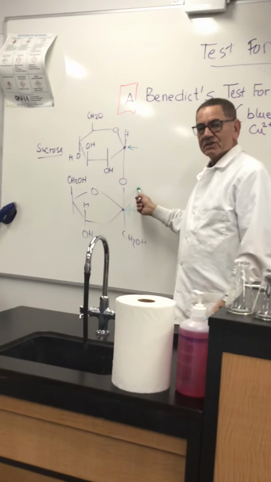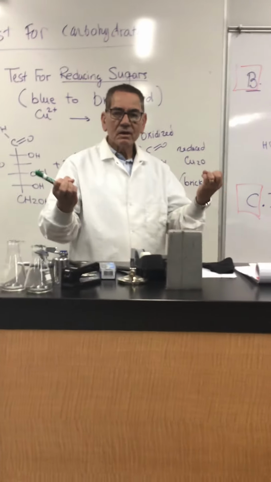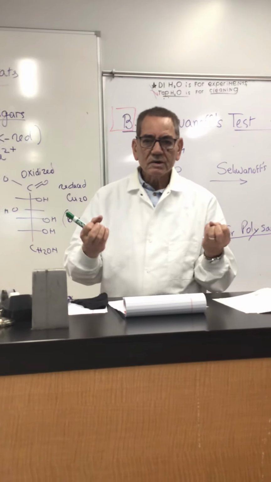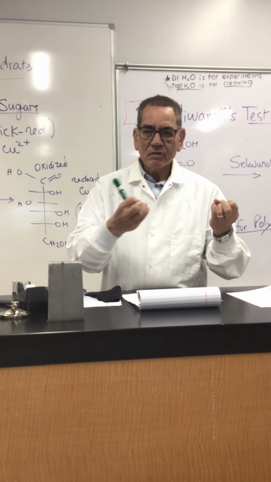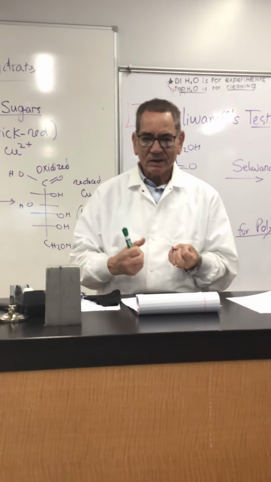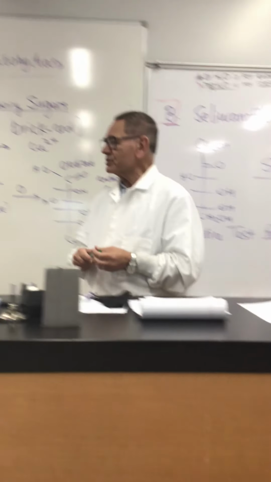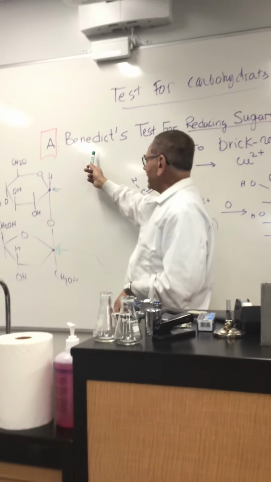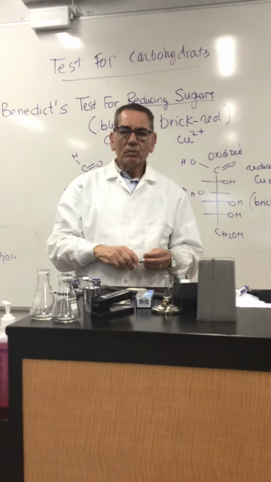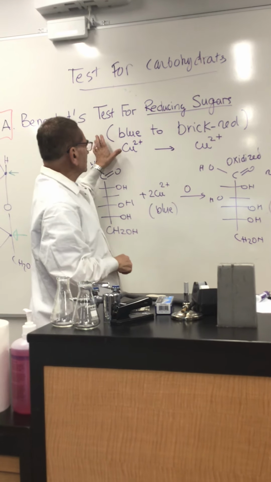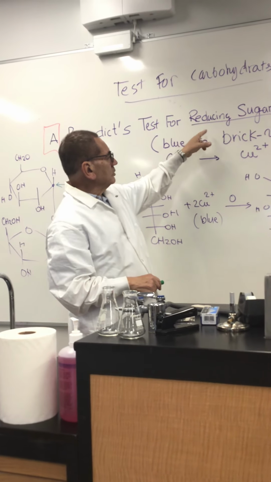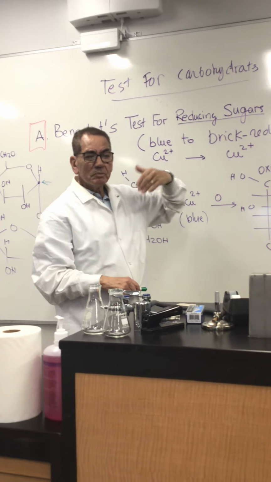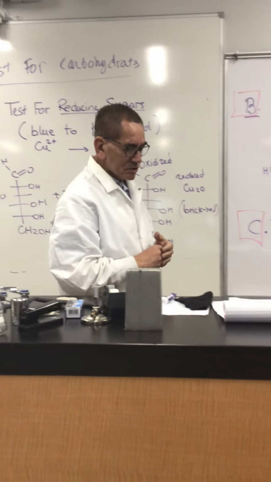Now you have two sugars, fructose and glucose, both are reducing sugars, and the color will change from blue to brick red. That's the first test, the Benedict reagent. What is the Benedict reagent? It is a reagent used to prove that you have a reducing sugar.